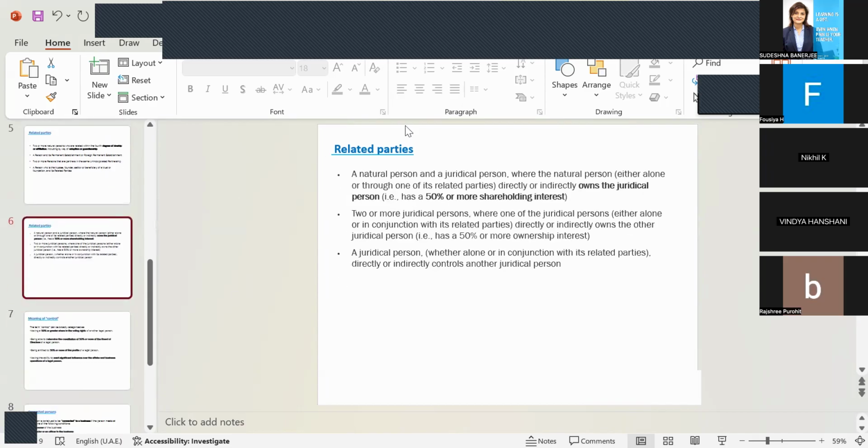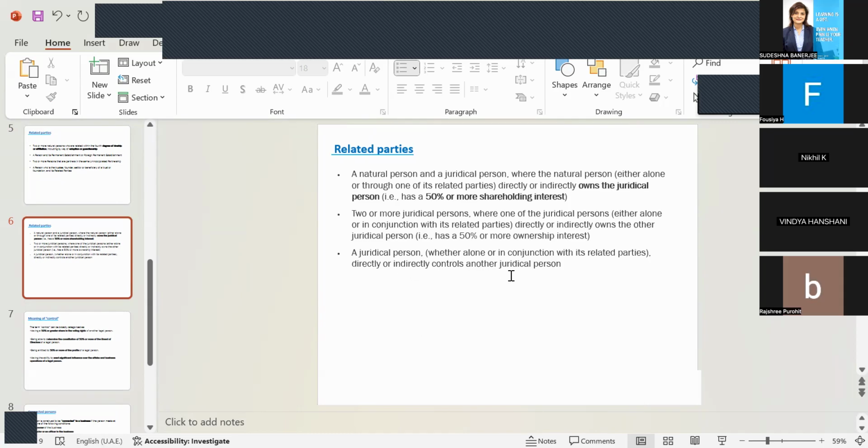Then next, a person or a juridical person where a natural person directly or indirectly holds more than 50% of the shareholding interest of another company, or where two or more juridical persons are such that one directly or indirectly owns the other.